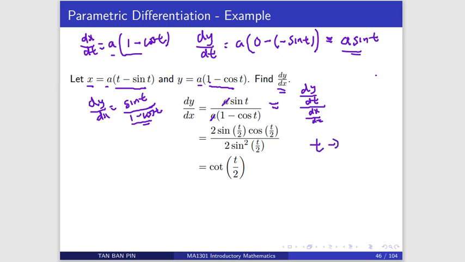From t, you change it to t/2. That means t you write as 2 times (t/2). So let me write it here: 2 times (t/2).